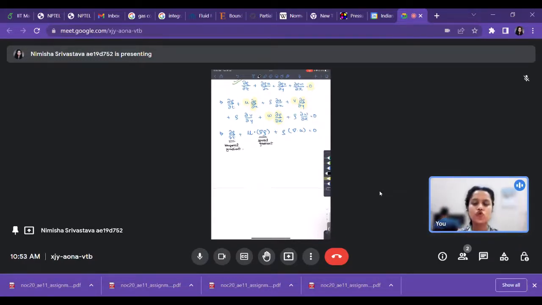So these both should be zero. The sum of them should also be zero for incompressibility to be a condition, because basically we don't want any change in density. So if these both are zero, then for this equation to be true, my term over here should also be zero.